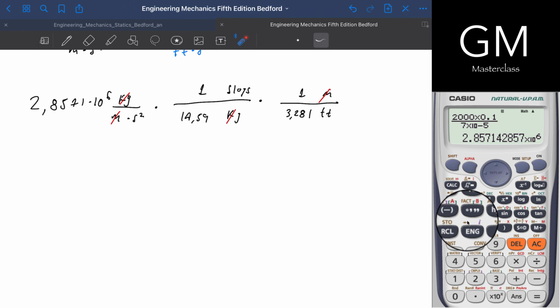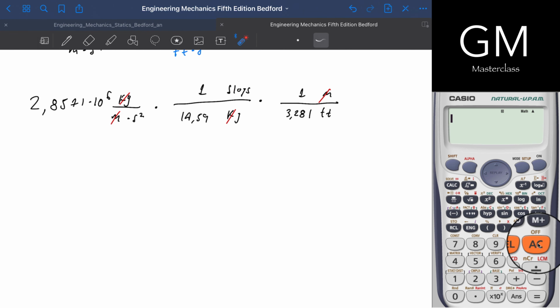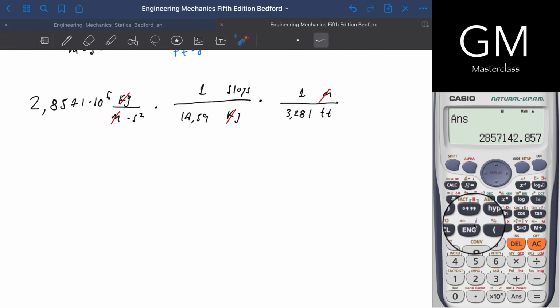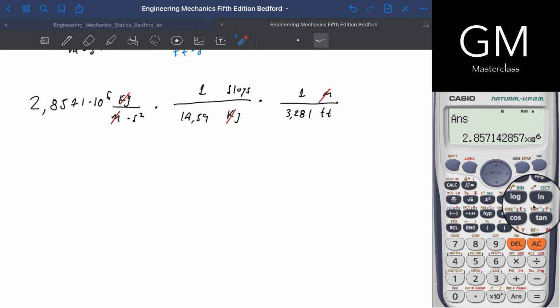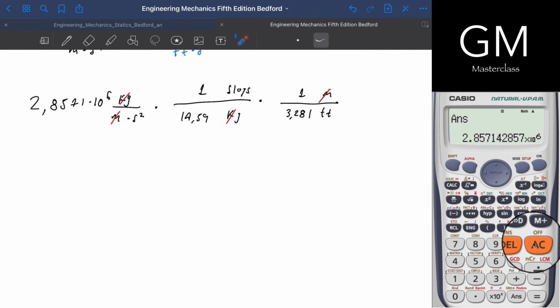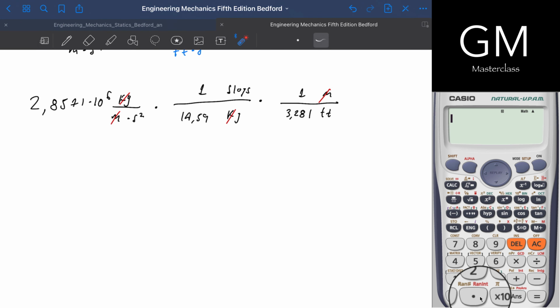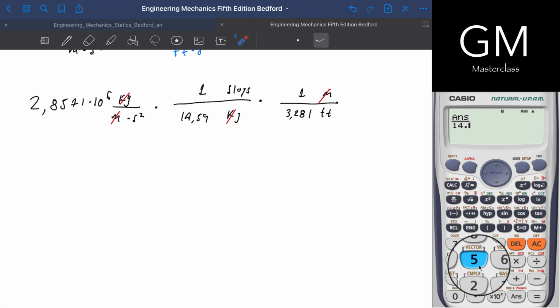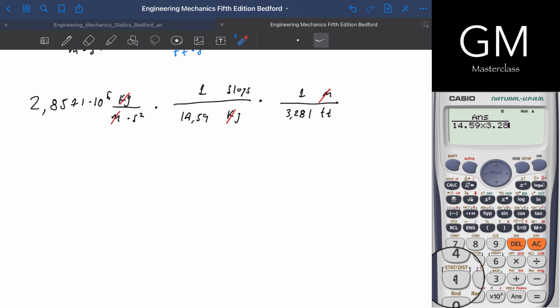Then I gotta write down that on the calculator. So answer is equal to the answer that I had before, divided by 14.59 times 3.281.